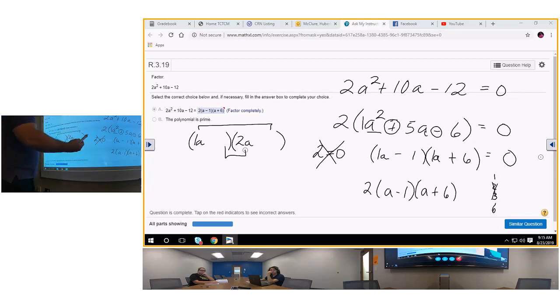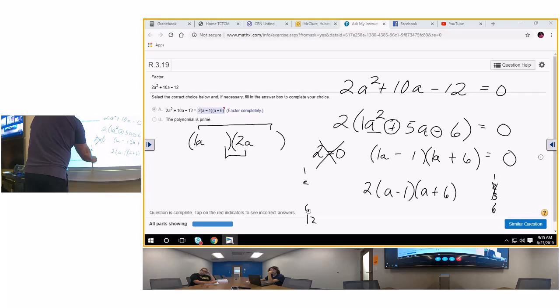So you've got to figure out a way with the 1 and the 12, 2 and 6, 3 and 4 to get the 10 in the middle. And I think we're going to use 2 and 6, because if you put a 2 here and a 6 here, that's going to give you, what's 6 and 4? 6 and 4 will give you what?